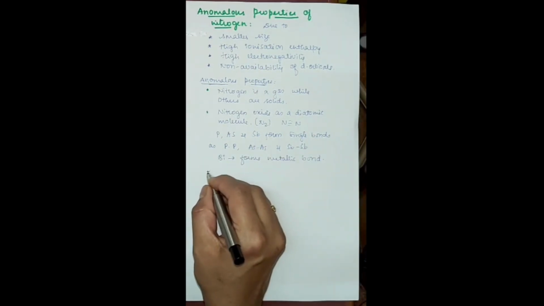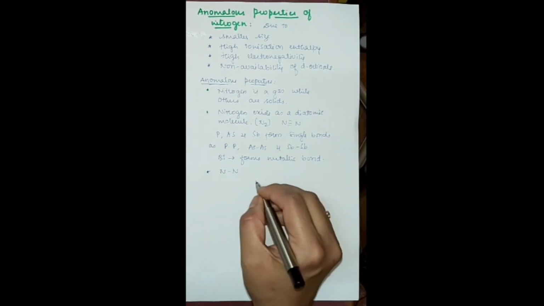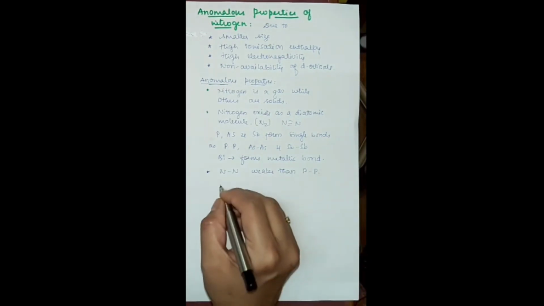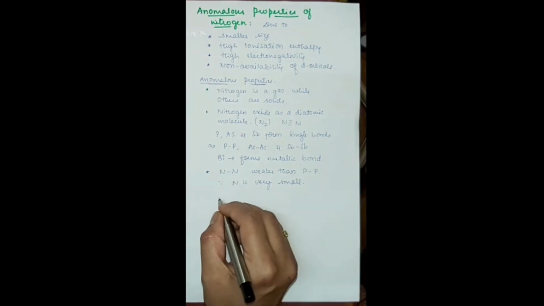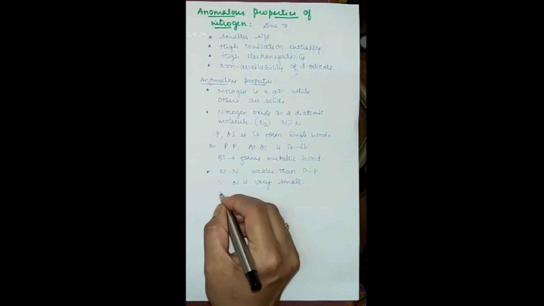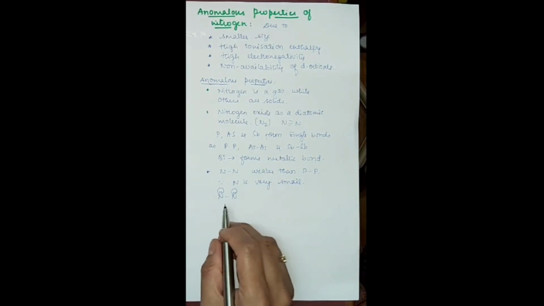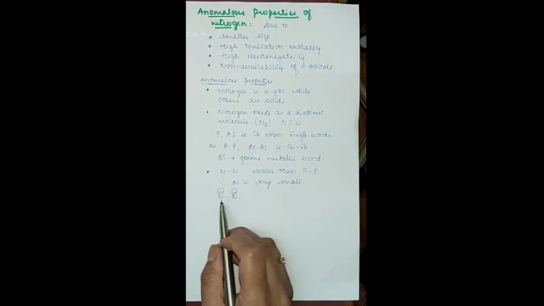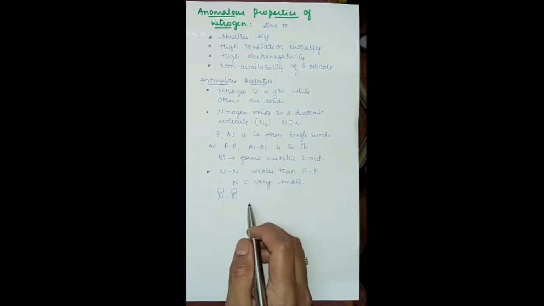And one more thing, the nitrogen single bond is weaker than the phosphorus bond, because nitrogen is very small and there is a lone pair of electrons on both the atoms, so the repulsion between the non-bonding electrons is high. Therefore, the bond becomes weak.